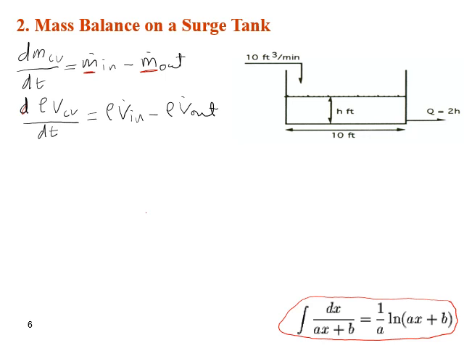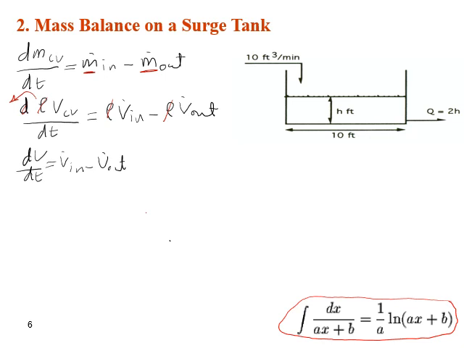And since we said we have incompressible flow, I can take this density outside the differential, and then I can just cancel them. So I have the equation, which is this: dV by dt equals V in minus V out.